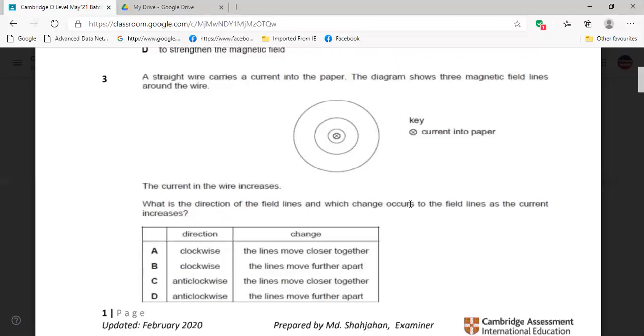If it is possible, get the printout of this worksheet. That is better, because it will be your notes for the O-level exam.